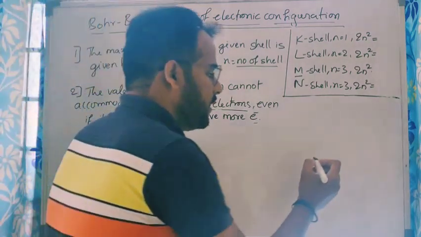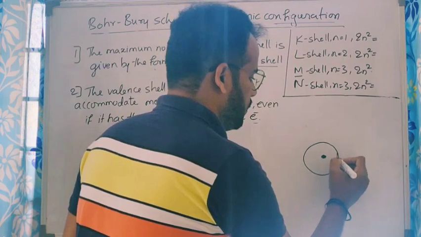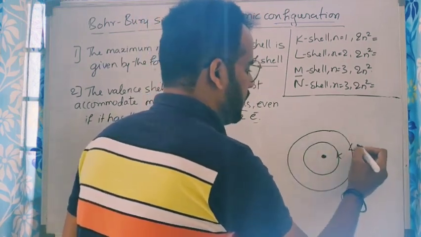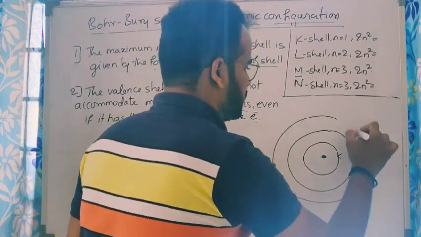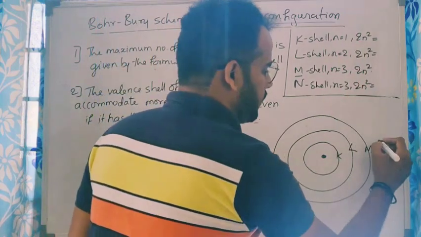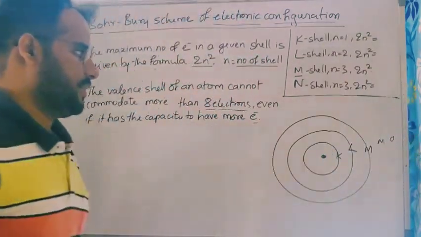So if you consider this as the nucleus, this will be your K shell. The second shell will be called L shell. Third shell will be called M shell, and that keeps on going K, L, M, N, O, P like that.